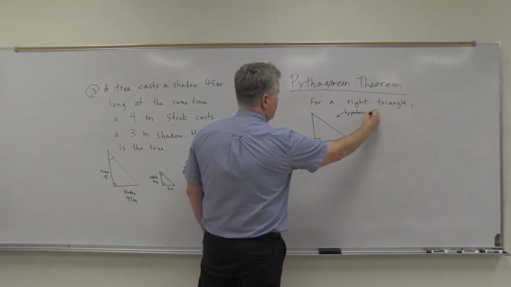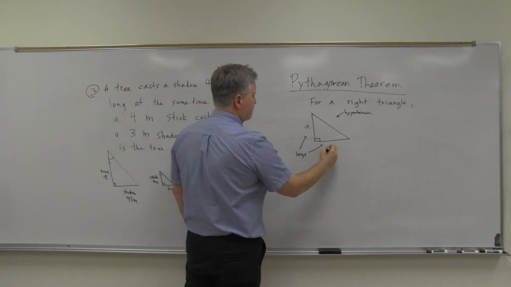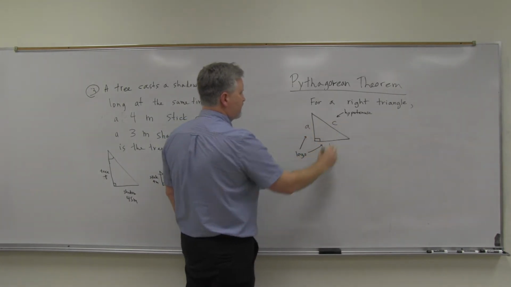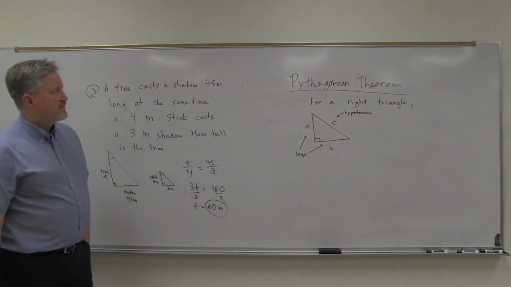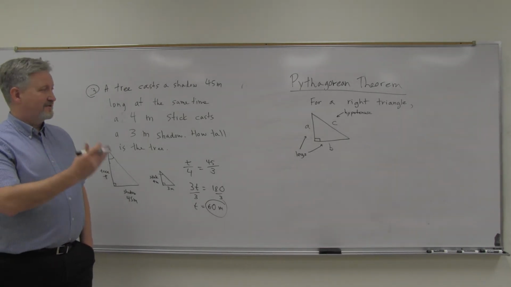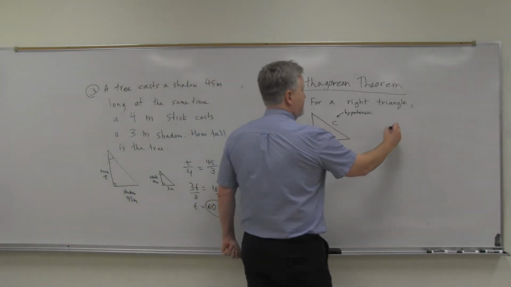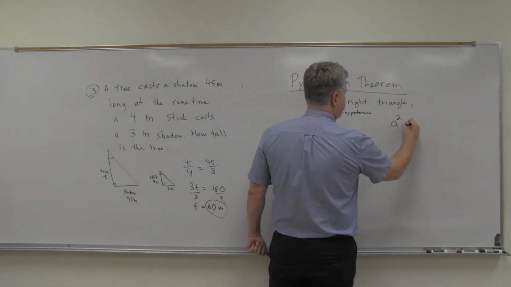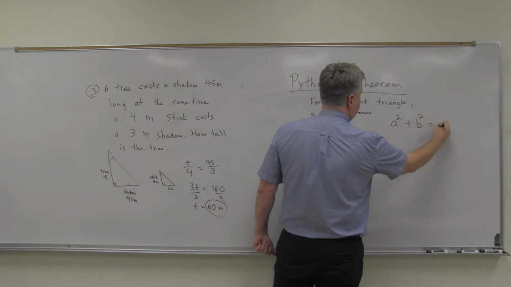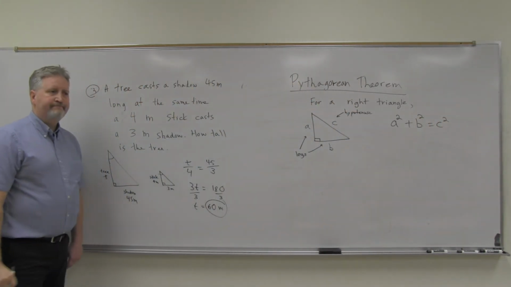Usually we denote the legs as a and b, and the hypotenuse as c. The Pythagorean theorem states that for any right triangle, a squared plus b squared equals c squared. That's our good old Pythagorean theorem.